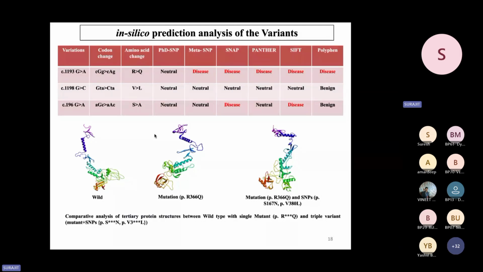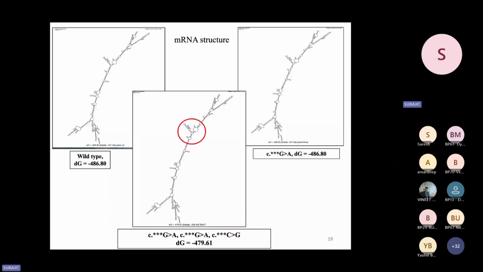From this, we gained interest for further studies like mRNA structure study. It is a very interesting result. In the mRNA structure studies, this is the wild type mRNA fold, and this is the mRNA fold having the mutation, whereas this mRNA structure contains the mutation plus two SNPs.